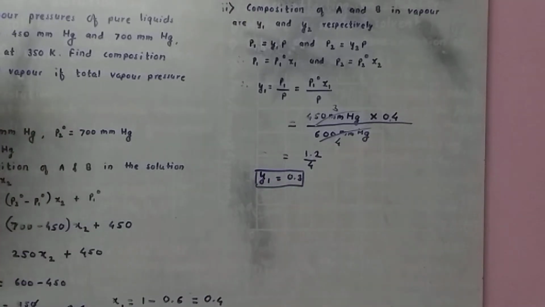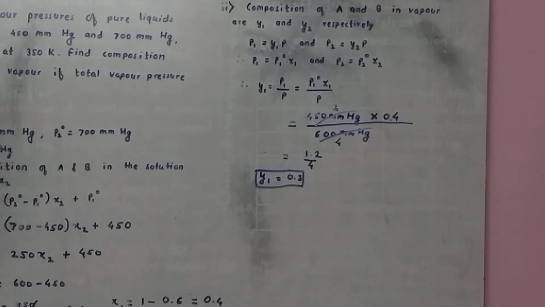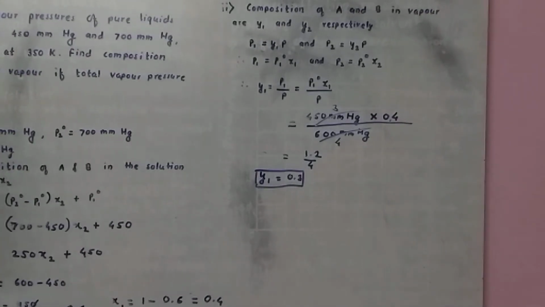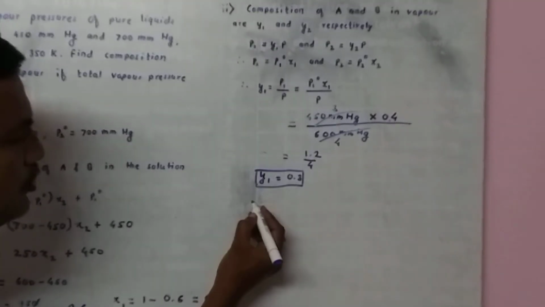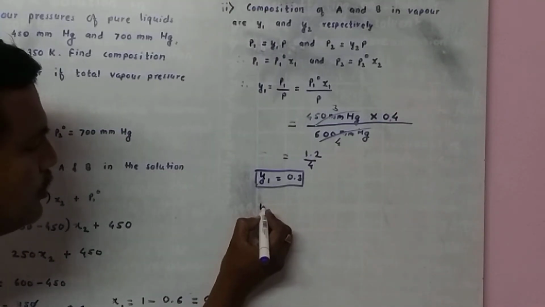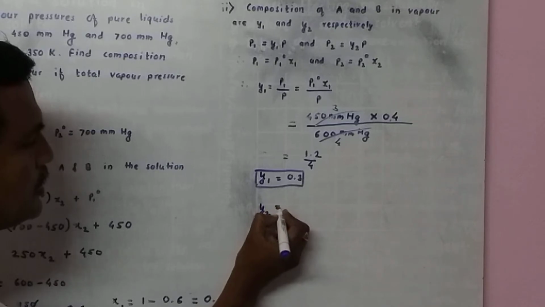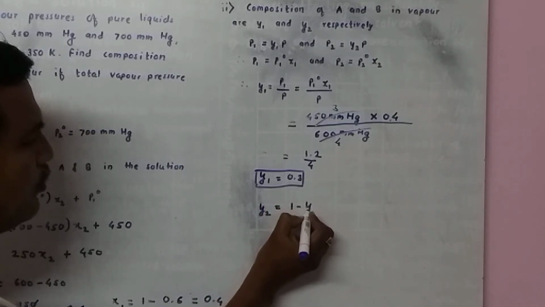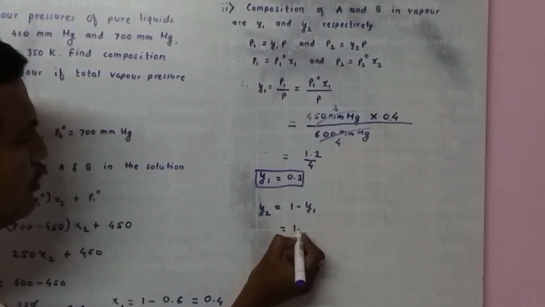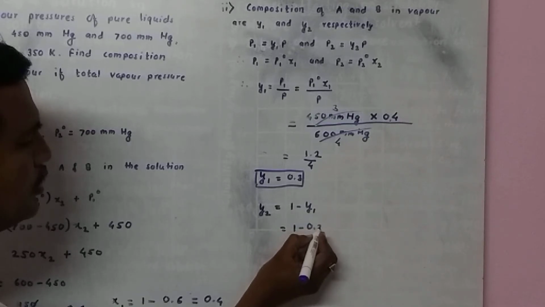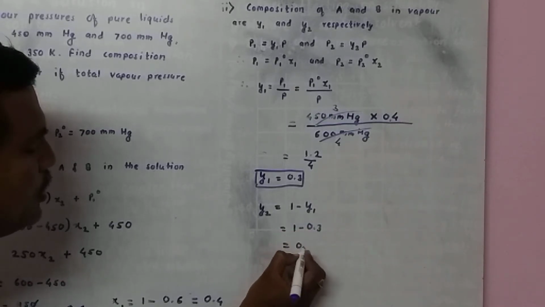Now find out y2. We know that the sum of mole fractions equal to 1. So y2 equal to 1 minus y1. So 1 minus 0.3, so 0.7.